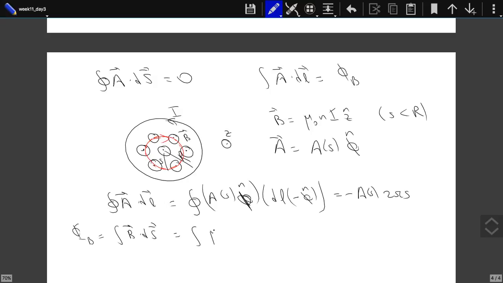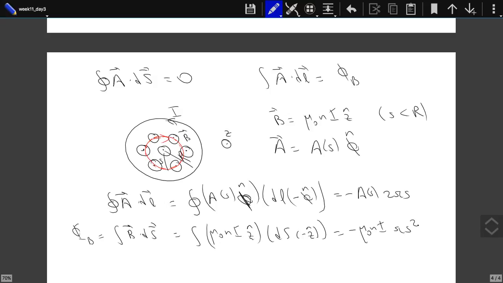B is mu0 n times I in the z direction. The dS vector is in which direction, z or minus z? Because my loop is clockwise, dS is in the minus z direction. This is equal to minus mu0 n I times pi s squared.